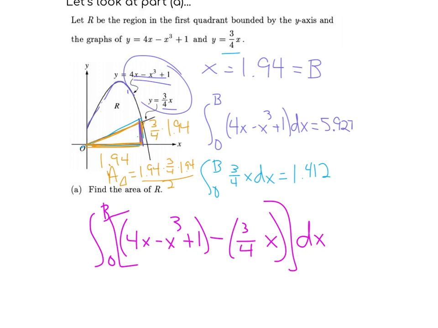The whole area. But then I need to take out that orange triangle. So if I go ahead and do that subtraction problem, I got 5.927 minus 1.412. I got 4.515.